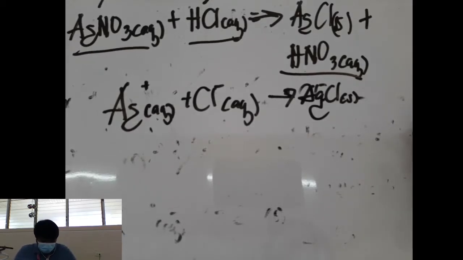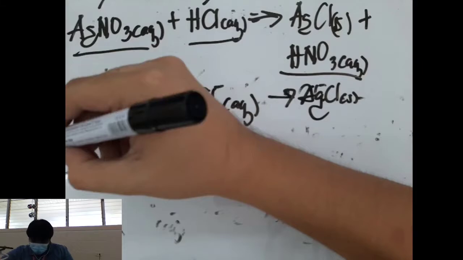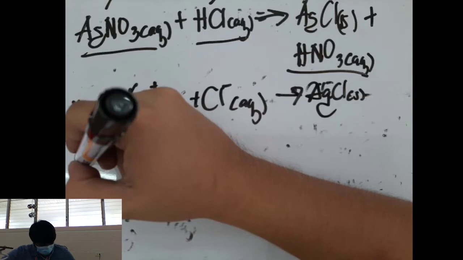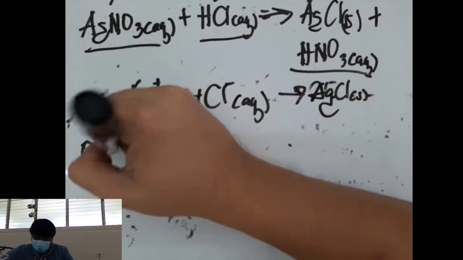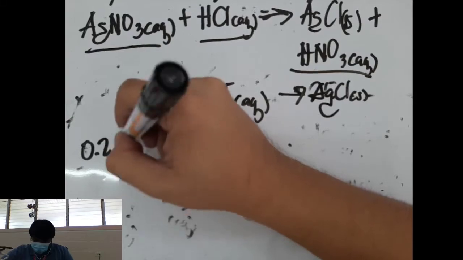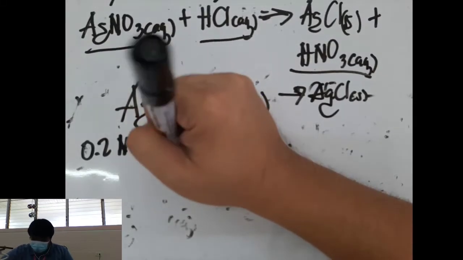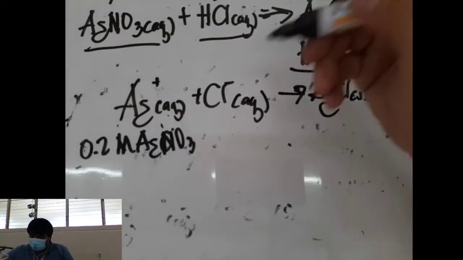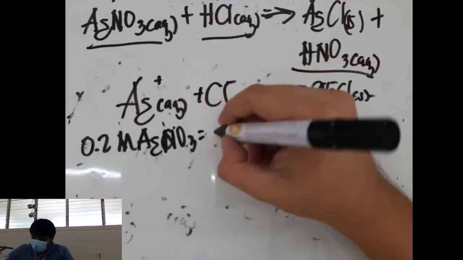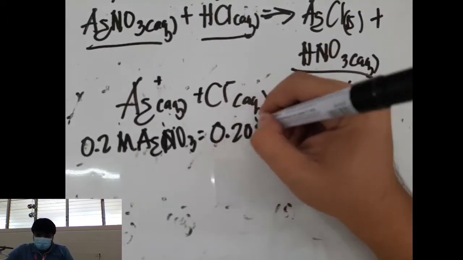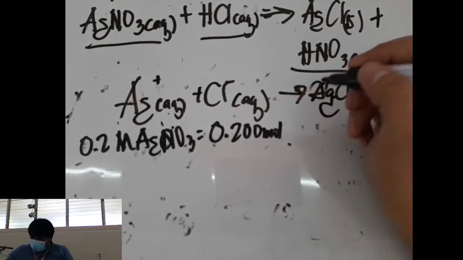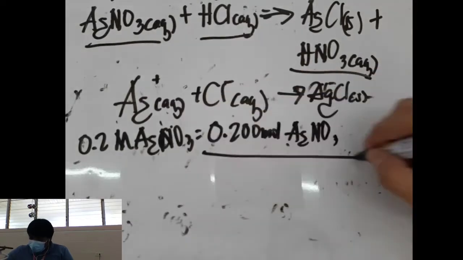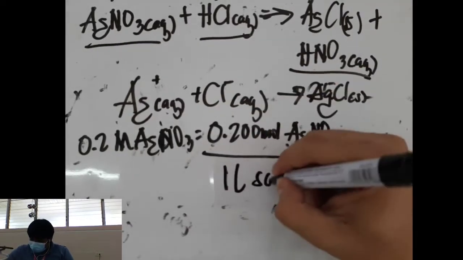Okay, so we have 0.2 molar of silver nitrate, right? Now that 0.2 molar can be expressed as 0.200 mole of silver nitrate in 1 liter of your solution.